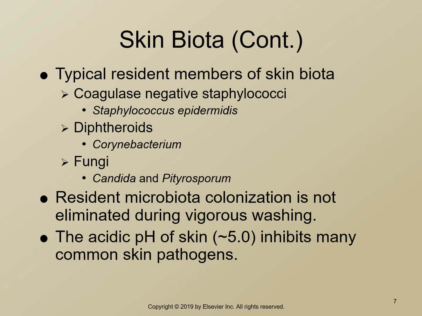Other members of normal flora include diphtheroids such as Propionibacterium acnes and Corynebacterium, along with yeasts such as Candida. Although vigorous washing reduces the amount of surface skin normal flora, it will not completely eliminate resident microbiota colonization. The acidic pH of skin, about 5, also inhibits many common skin pathogens.